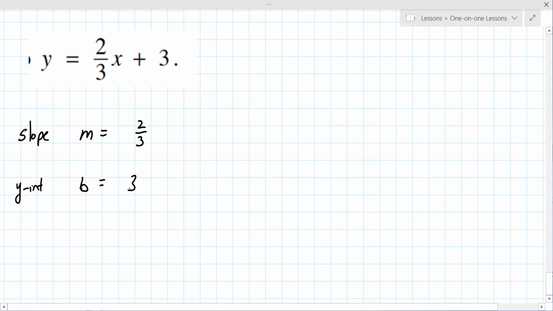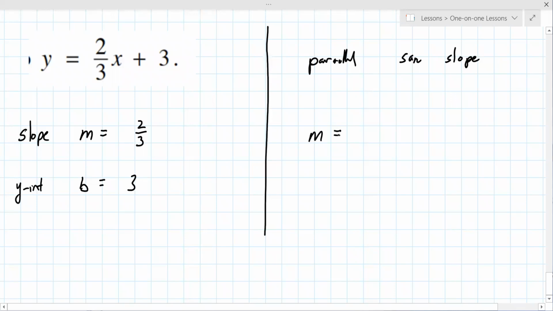3. Okay. So let's say I wanted a parallel line. Parallel lines have the same slope. So what would the slope be if it's parallel to this one? 3/2. Parallel, they have to have exactly the same slope, so no changes, exactly as is. What would that be? 2/3.